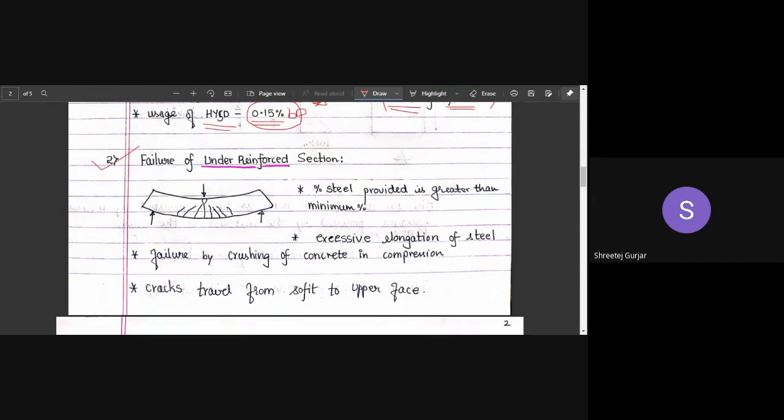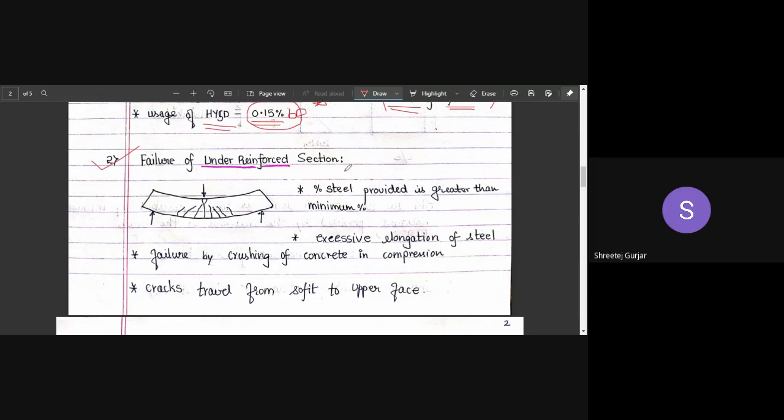See, a balanced section is when your XU is equal to XU max. Whenever your neutral axis and XU max are equal, it is a balanced section.